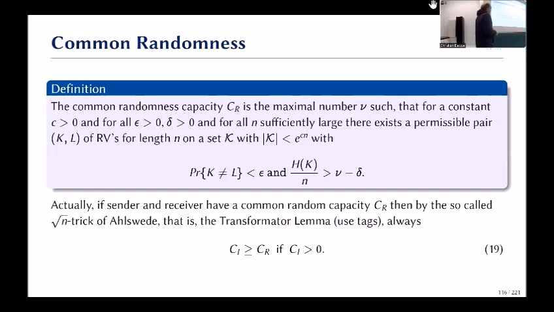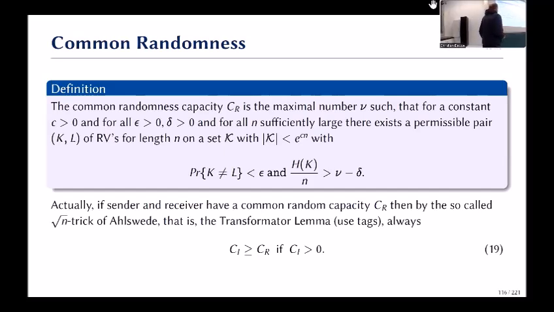The common randomness capacity is the maximum number mu such that for constant C greater than 0, epsilon greater than 0, and delta greater than 0, for all sufficiently large n, there exists a permissible pair K and L of random variables of length n, with the set K, such that the size of the set kappa is smaller than e to the Cn, such that the probability that K is not equal to L, that's the error probability, is smaller than epsilon, and H of K over n is bigger than mu minus delta.